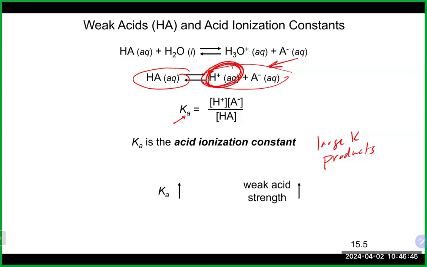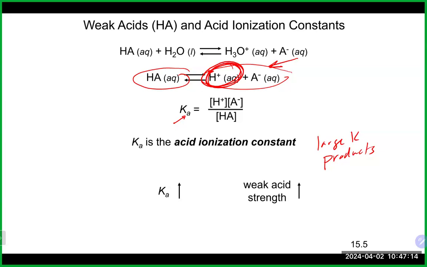So it will make it a stronger weak acid because of that. Once again, it is nowhere near the strength of a strong acid. So in comparison to other weak acids, the one with the larger Ka value will be the stronger weak acid, if that makes sense. And vice versa as well. If you have the smaller Ka value, you will have a weaker weak acid in comparison.